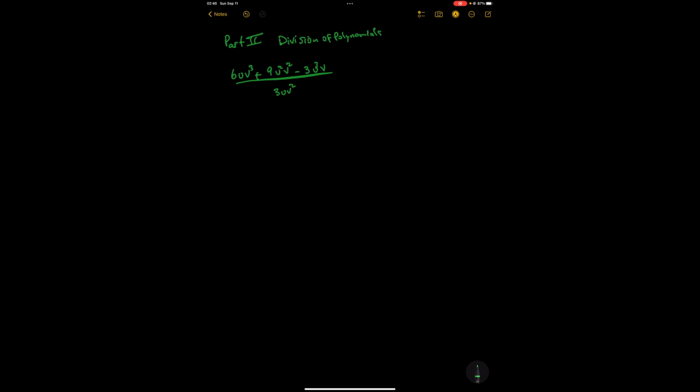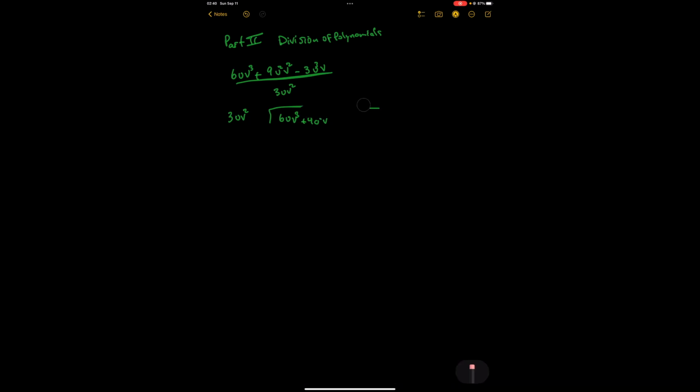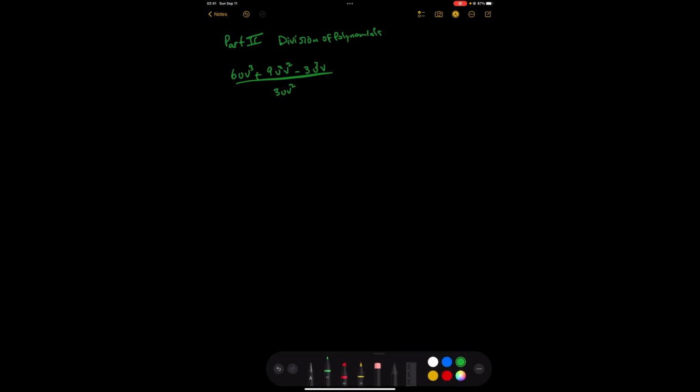So we would have 3uv squared, and we would have 6uv cubed plus 9u squared v squared. Actually, this is too close to that part. Let me write it down here instead.